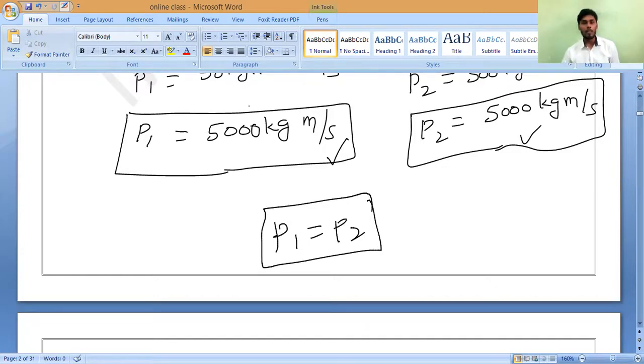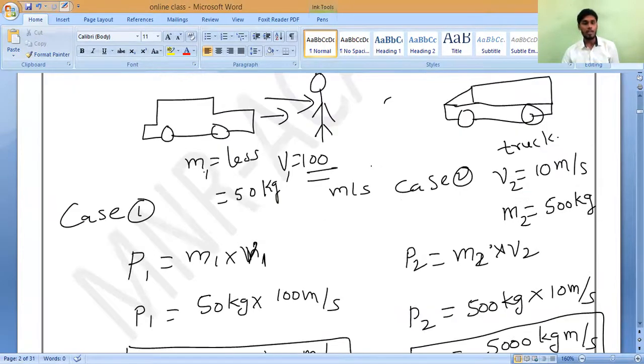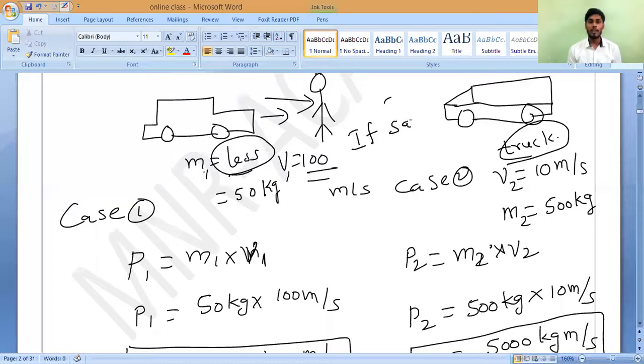Now, you may observe why it is happening. Manya, do you understand now? Even though you see the body which has less mass and the body which has more mass, if the same force is exerted on a body, then the body with less mass will gain more velocity compared to the body which has more mass.